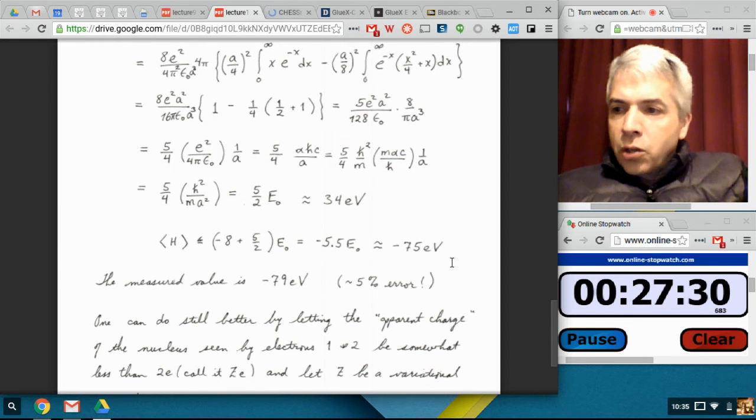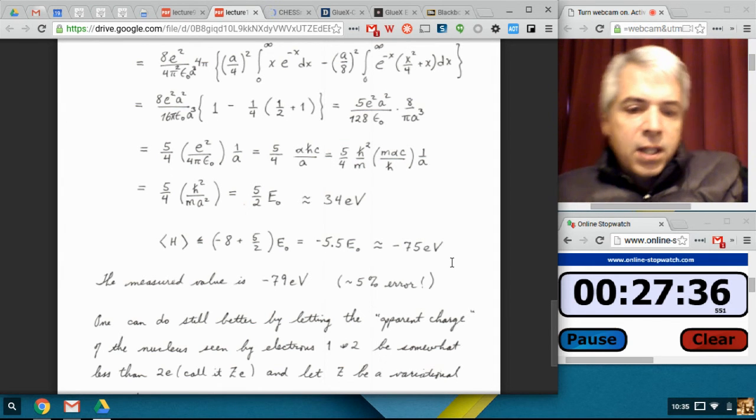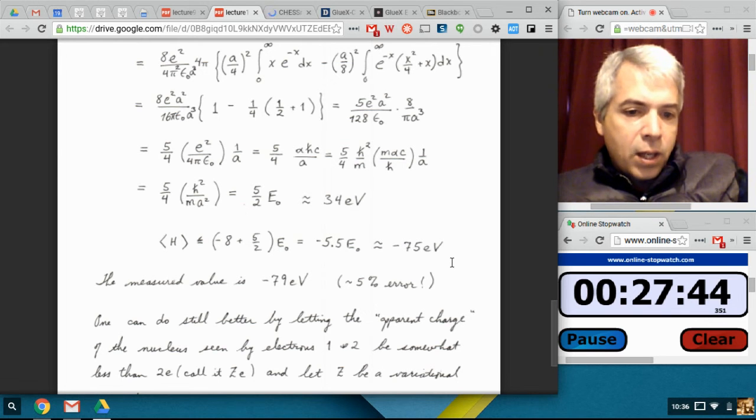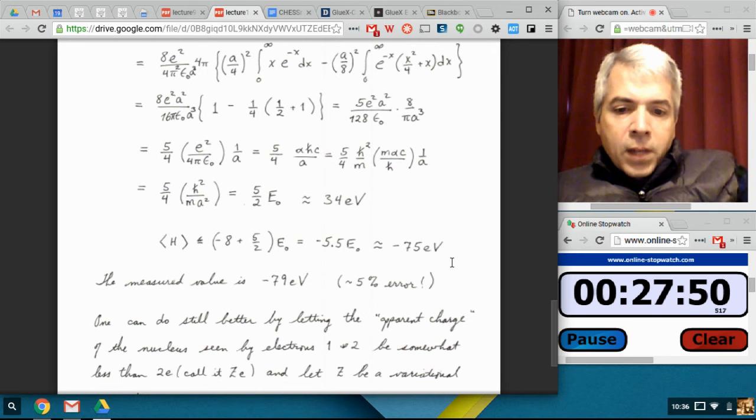So maybe instead of the electron seeing the nucleus charge of +2, what if it only sees like +1.8? Maybe the other electron kind of gets in the way and clouds how much charge the average electron can see there in the middle. So maybe we'd do better by compromising between +2 and +1 and say maybe it's 1.5.